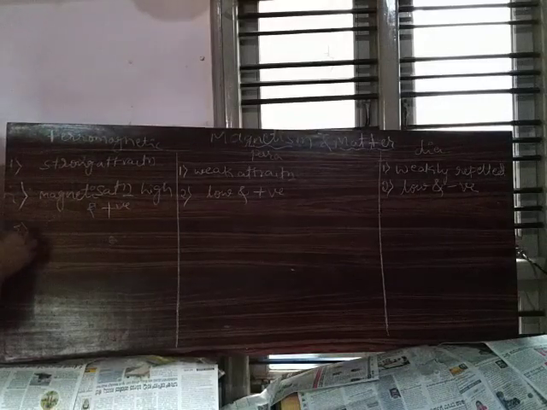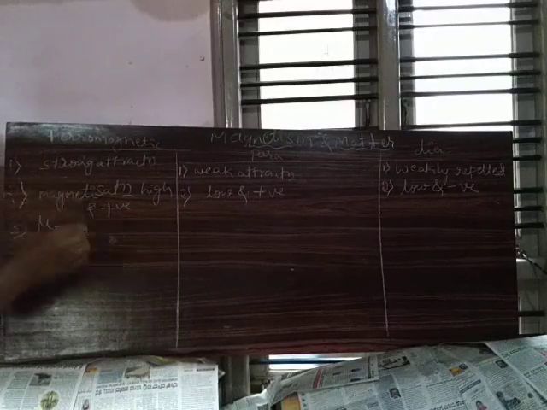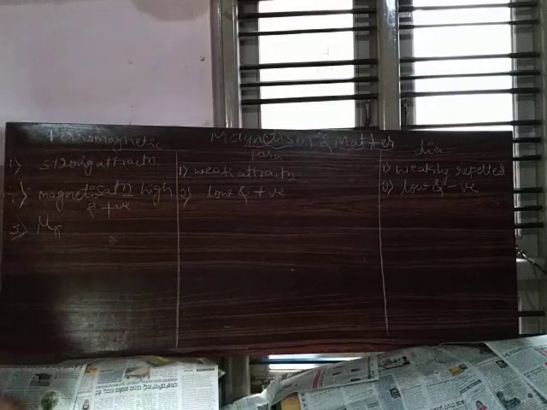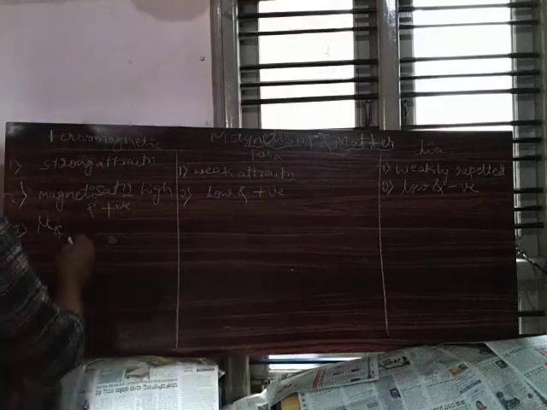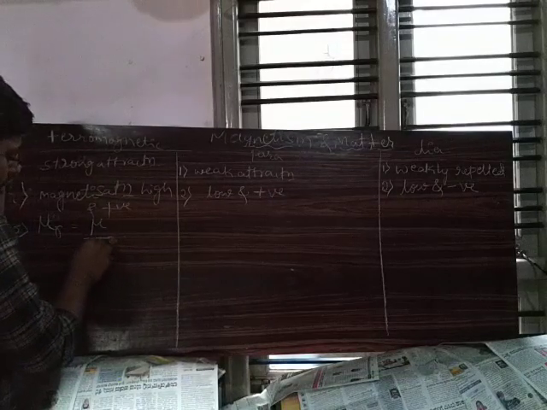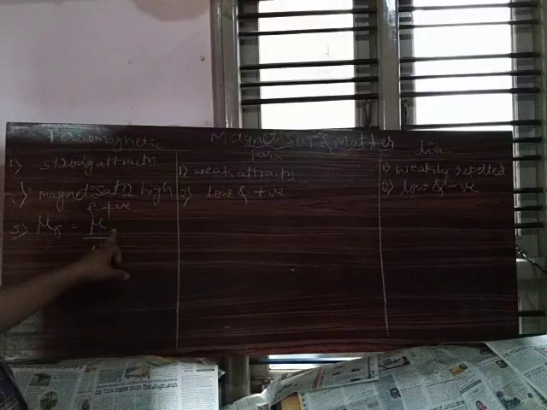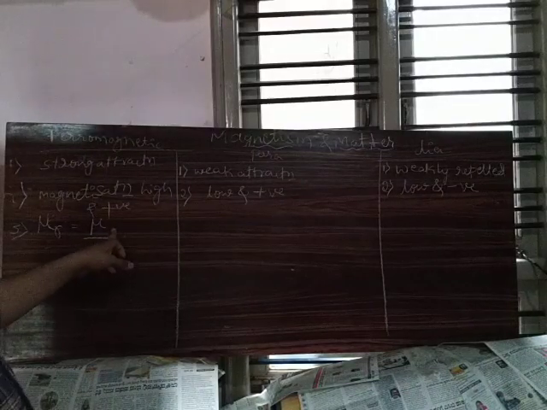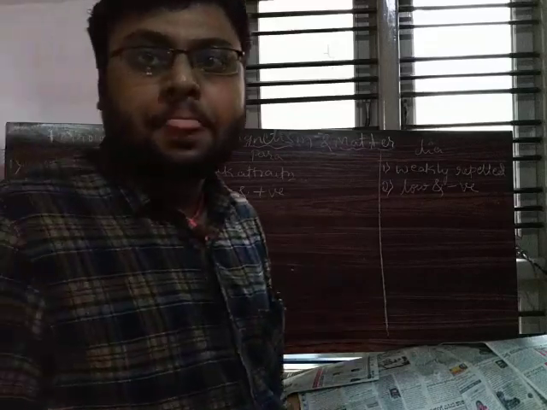Next, their relative permeability mu r is much more than 1. Mu r means what? Mu divided by mu naught. How? Permeability of the medium, meaning the ferromagnetic medium, and the permeability of free space.